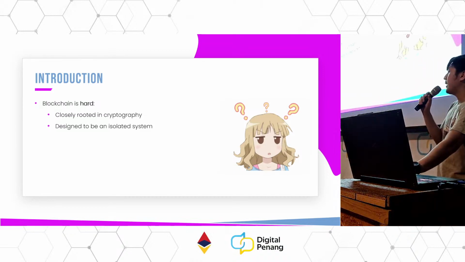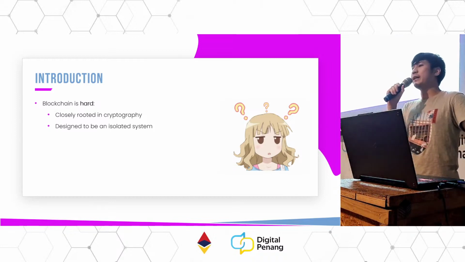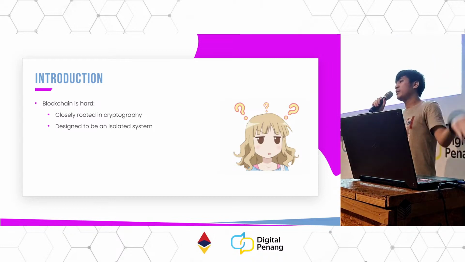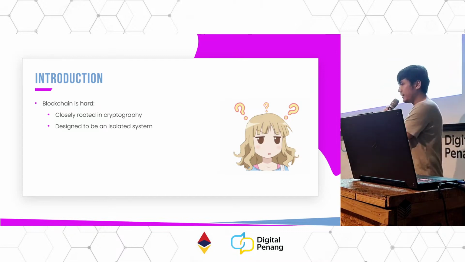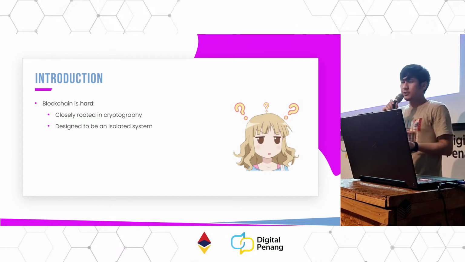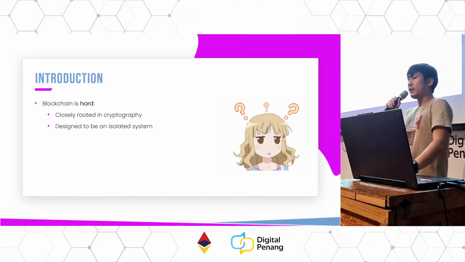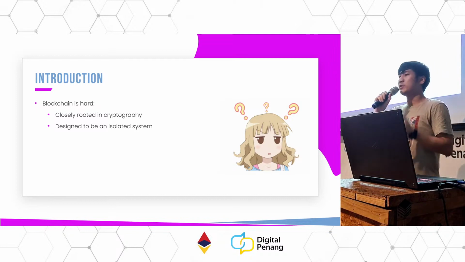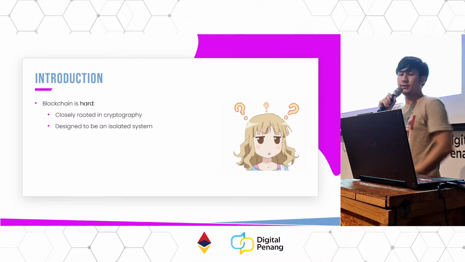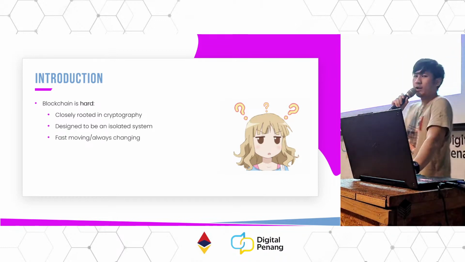We do not rely externally on things that we already know about, for example, email addresses. In Ethereum, we use hex strings, a string of characters, as an address. This is not very user-friendly, but it's deeply rooted in cryptography, and we want it to be isolated. We don't want to rely on external systems, because if anything happens, the blockchain can continue to survive.